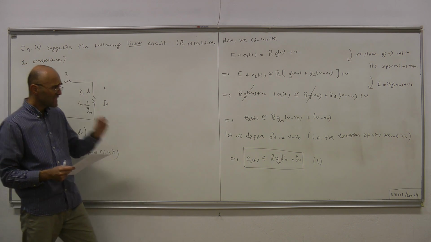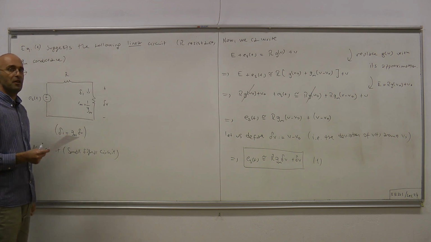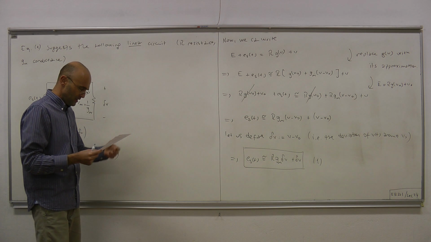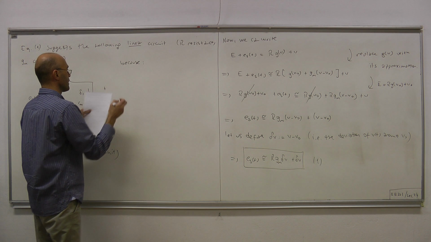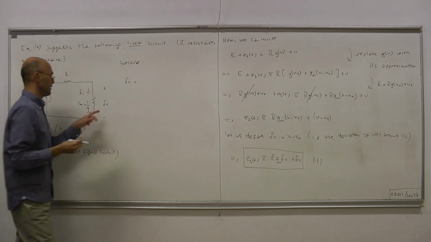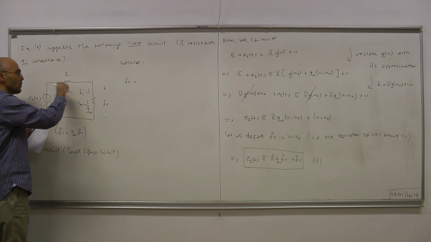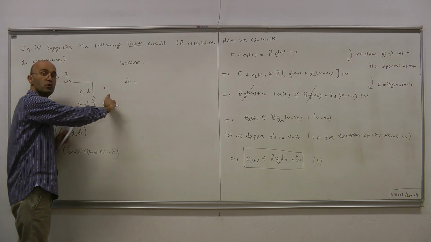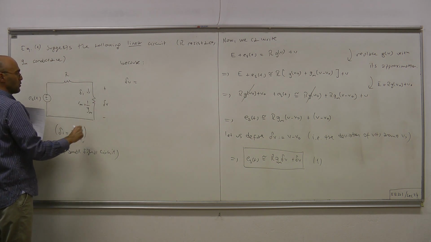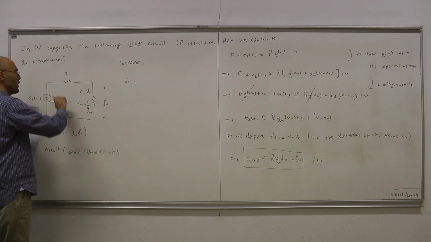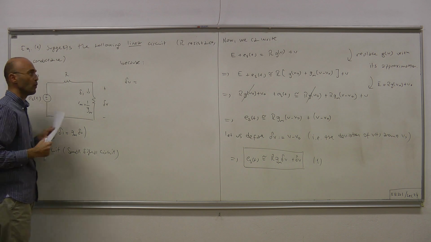Now let's see why this equation suggests we consider this circuit. Let's compute this voltage here. We have two LTI resistors connected in series. Therefore, we can compute this voltage by a simple voltage division. This voltage equals this resistance divided by the overall resistance seen by the source times the source voltage.